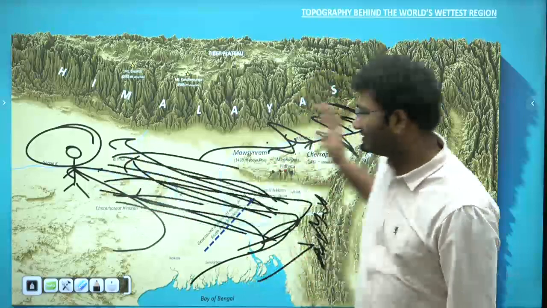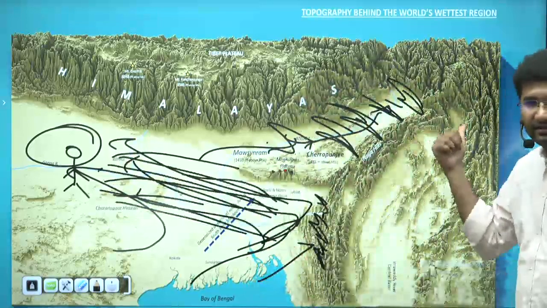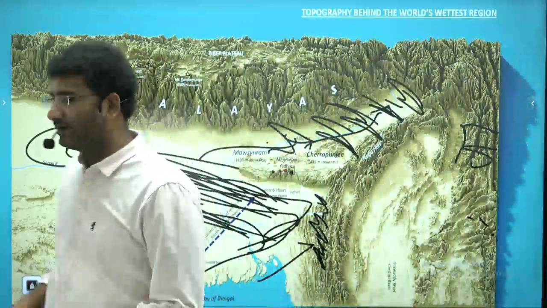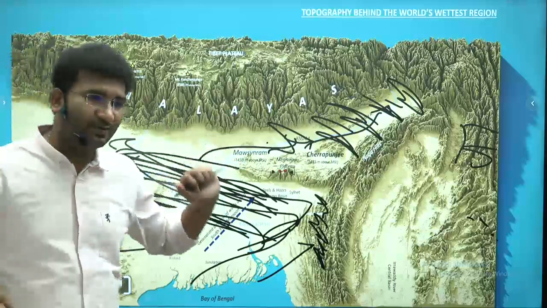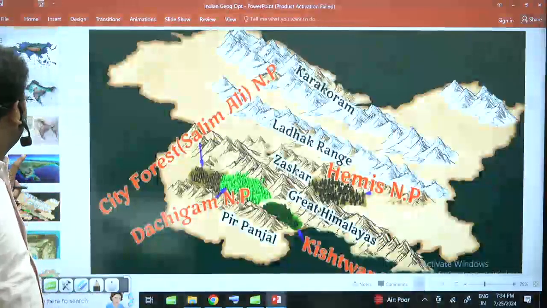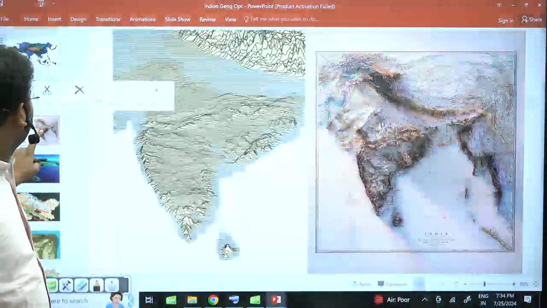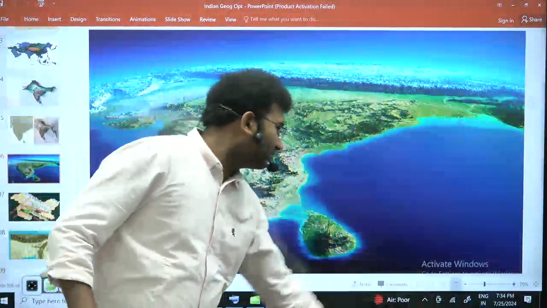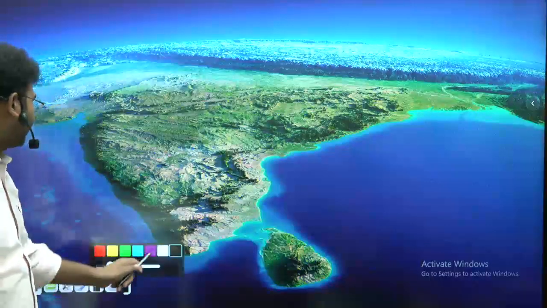It is east. This is east. Right? This is your east. So that's why you will have these monsoon winds as Purvaya. So this is how your monsoonal behavior patterns will be.